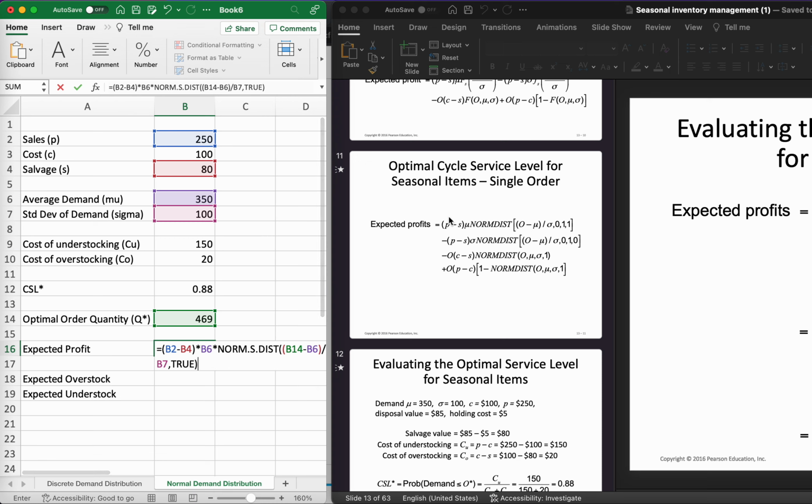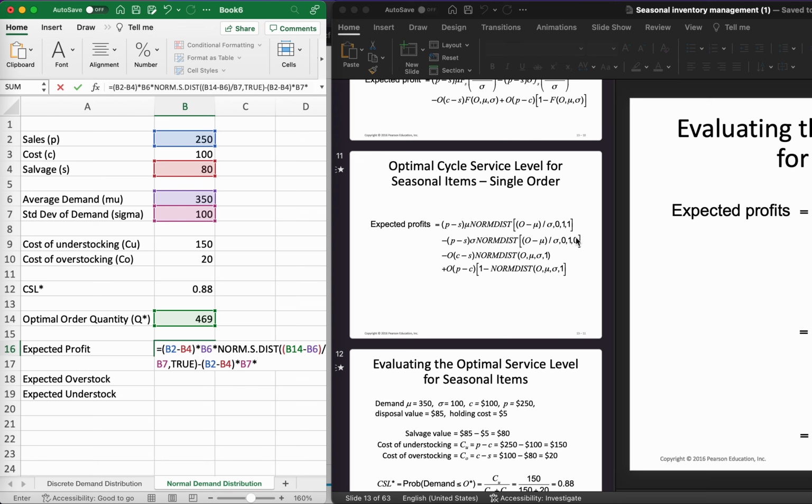So that's just the first part of the expected profit. Now let's write the second part. Minus, you have P minus S, times sigma this time. Last time we did times mu, now we are doing times sigma, right? Times again, this time it's the standard normal distribution again, mean is 0, standard deviation is 1.